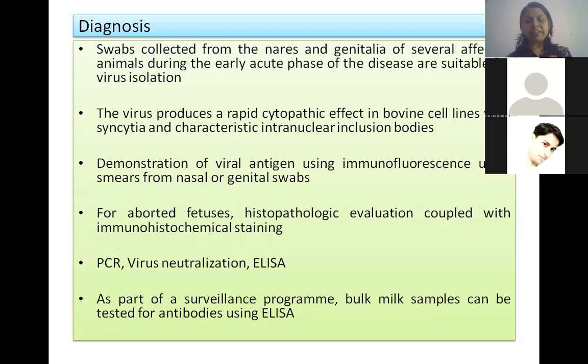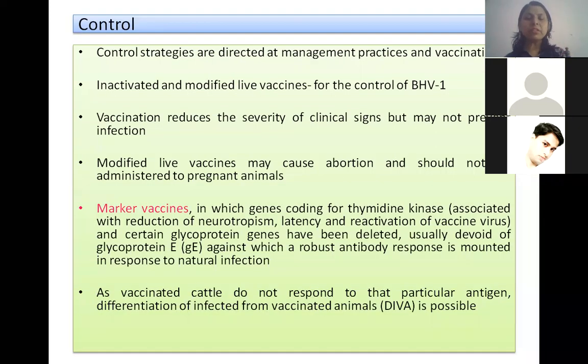For the surveillance program, to know whether the herd is infected with bovine herpes virus 1 or not, bulk milk samples are tested for antibodies using ELISA. Coming to the control, it involves managemental practices and vaccination. For vaccination, inactivated vaccines and modified live vaccines are available.